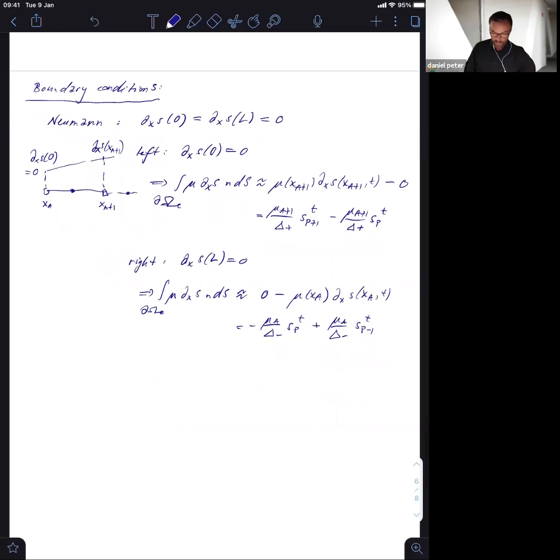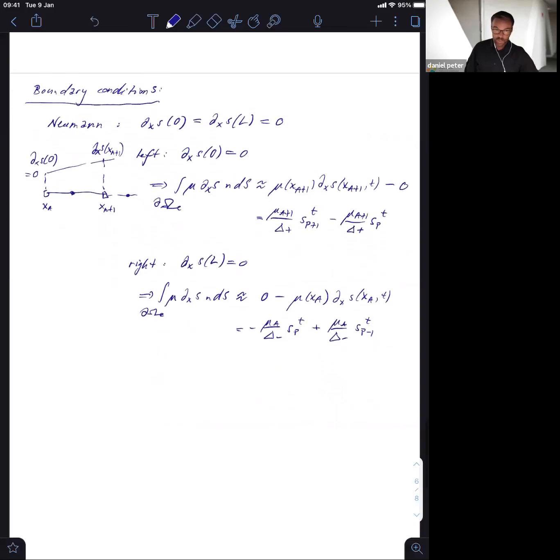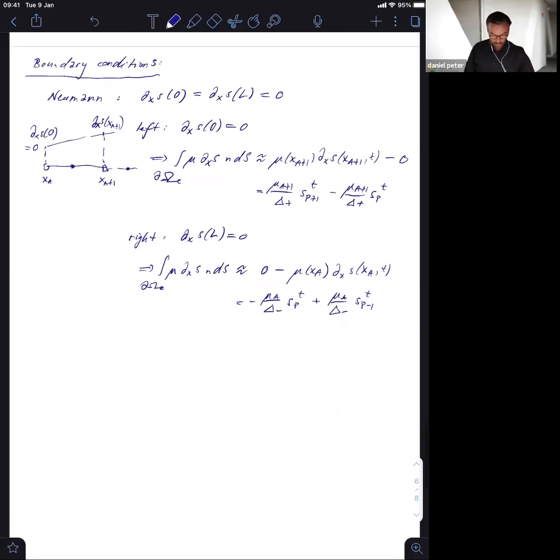Good. These would be the modification for the Neumann boundary. Let's also look at the Dirichlet boundary modifications. The Dirichlet boundary, where we have the displacement imposed at the boundaries.